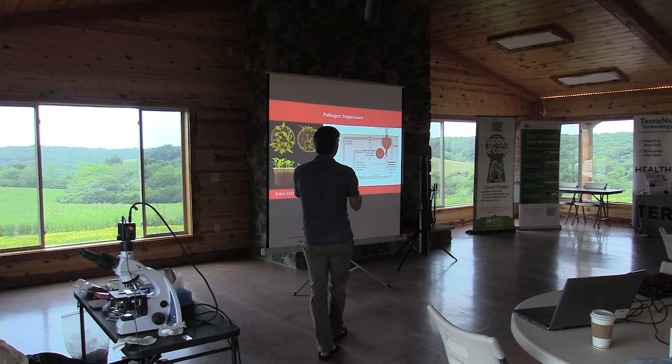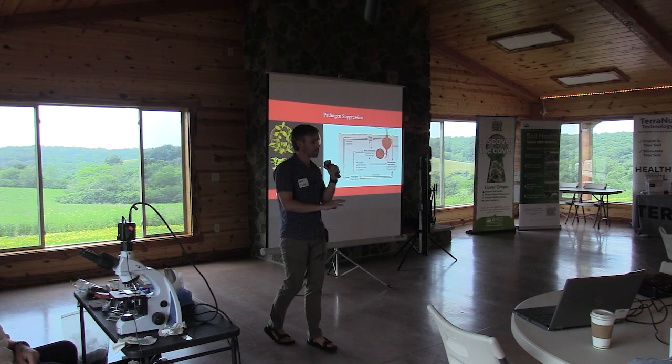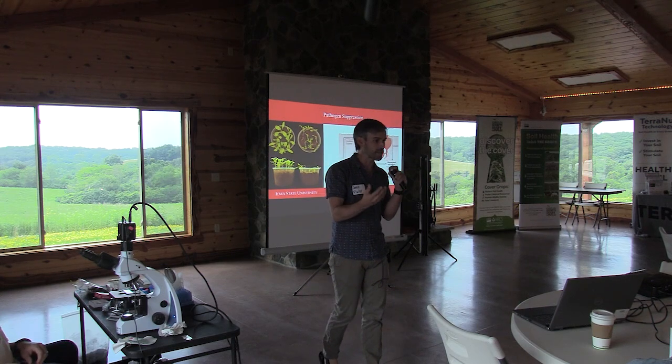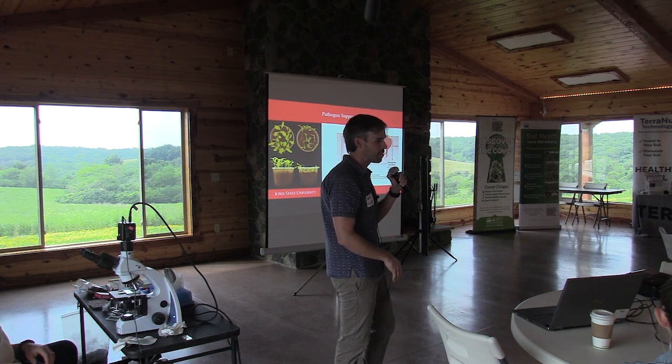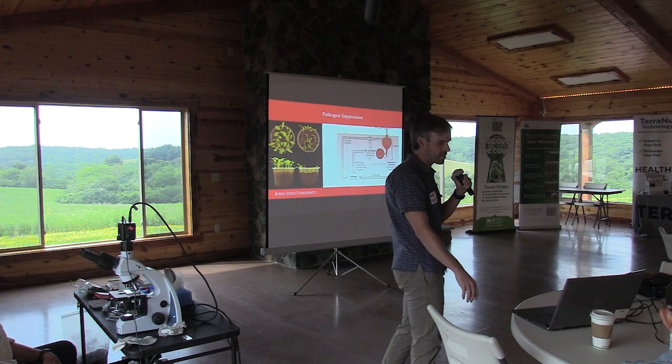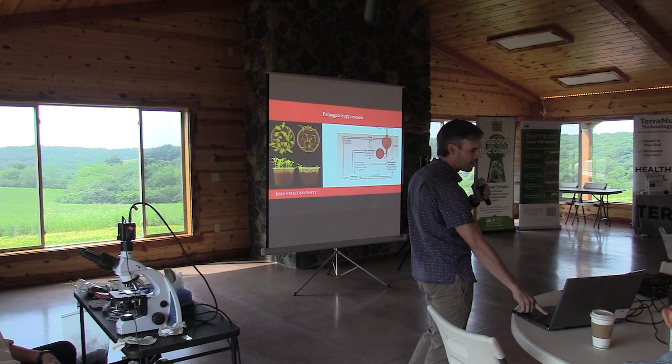There are also bacteria that live inside the root itself, and those can do the same sort of things. Once the plant tells them they need to make these antifungals, they can do that and lower the incidence of disease, which is better for both the symbiotic bacteria and the plant itself.